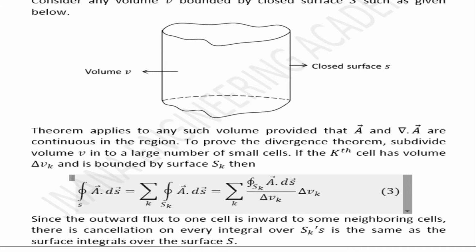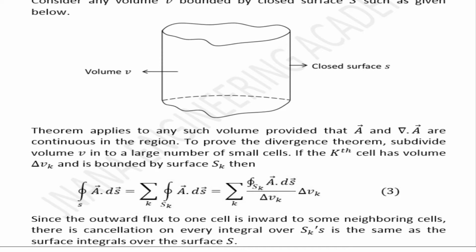Why? Because the outward flux from one cell is inward to some neighboring cell, so there will be a cancellation on every integral over Sk, and it is the same as the surface integral over the surface S. Is it clear?